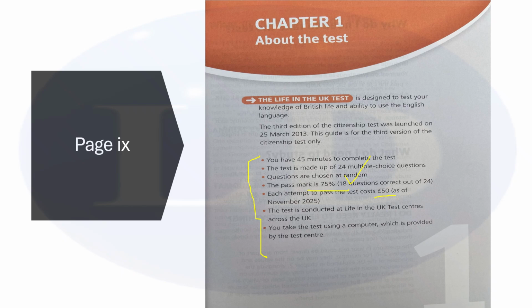You take the test using a computer which is provided by the test centre. In my video you will have complete details: how do you go there, and what you would expect and see. So please have a look at that video as well. That's very useful for you.